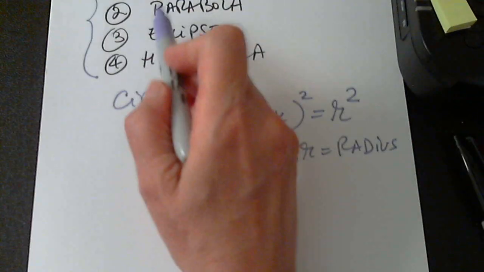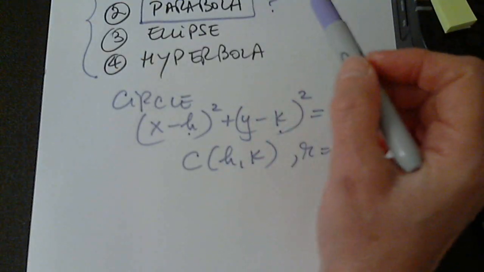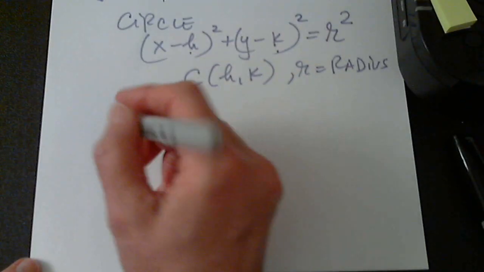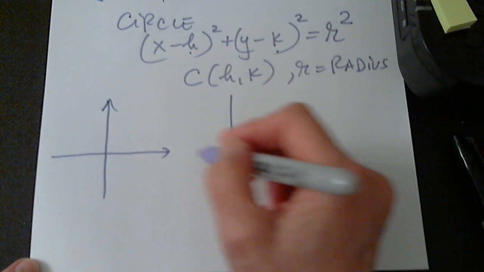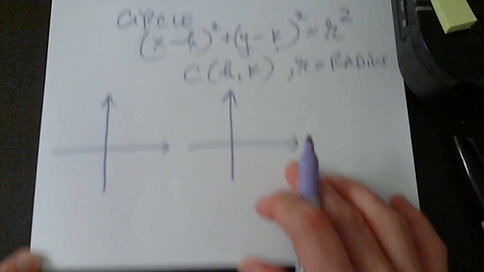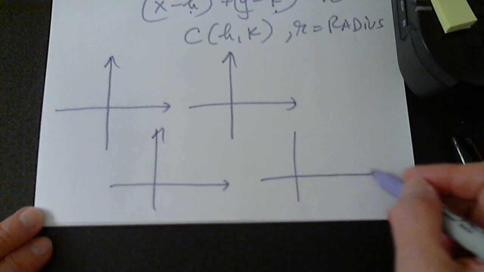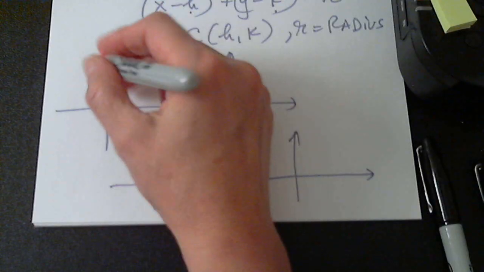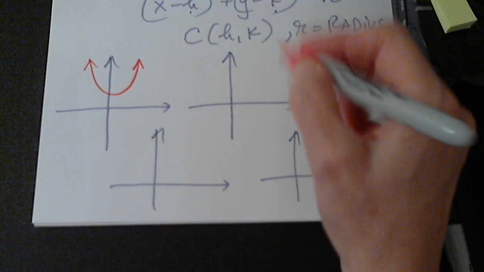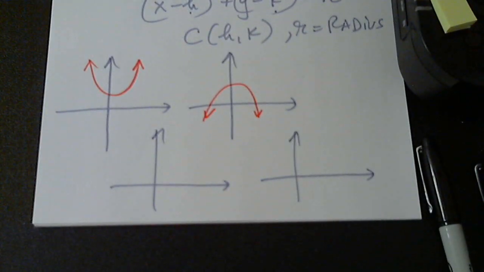Now we're going to look at parabola as our next step. We've discussed parabolas, yes. However, there are several situations for parabola. Actually 4. So the original ones that we talked about, either opening upward or downward.